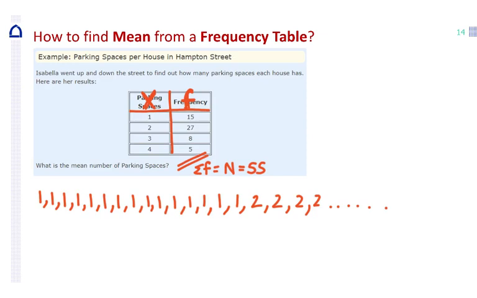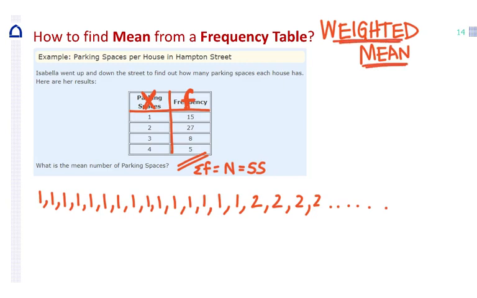When we want to find the mean from a frequency table, it's also called the weighted mean. Why is it called weighted mean? Because it's not okay just to say, well, the data we collected was 1 or 2 or 3 or 4 parking spaces, so all we have to do is add 1 plus 2 plus 3 plus 4 and divide by 4.